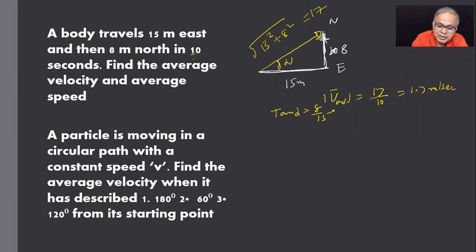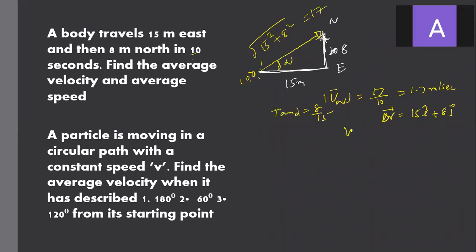So the displacement vector, you can call it delta R, will be 15 I cap plus 8 J cap. Isn't it so?